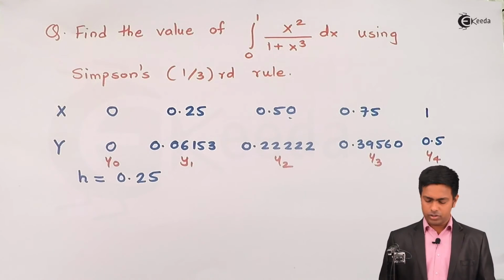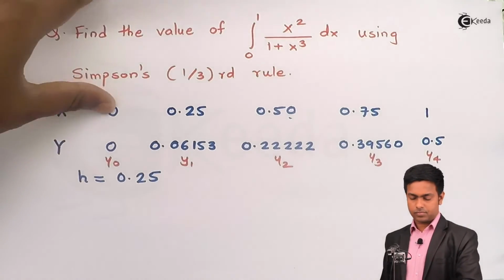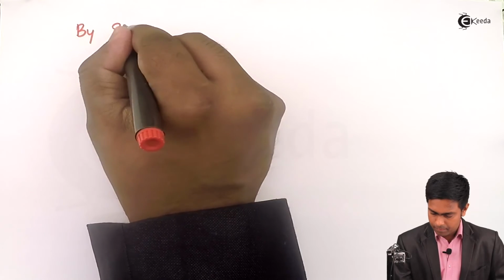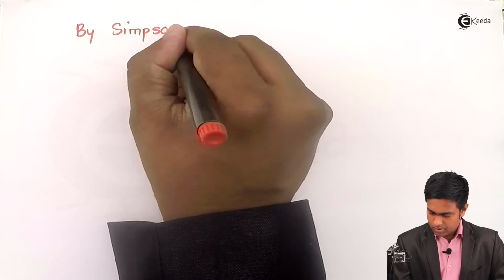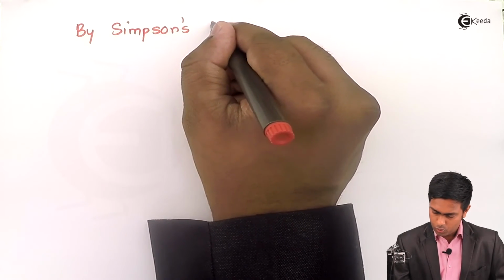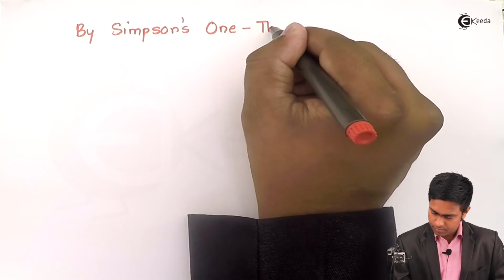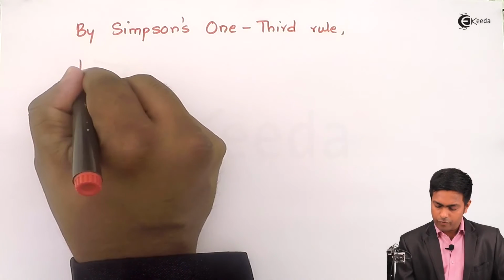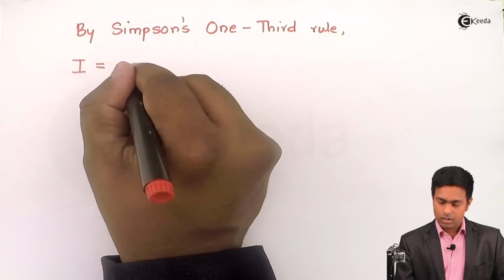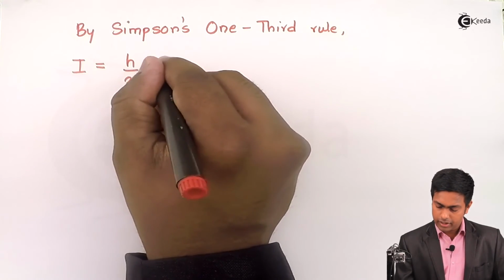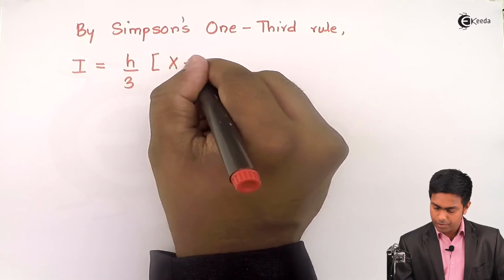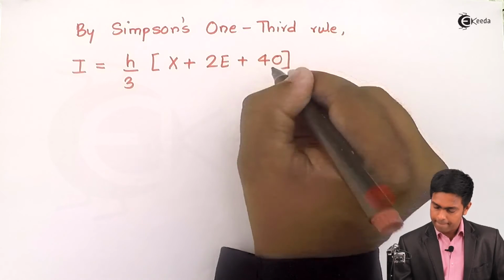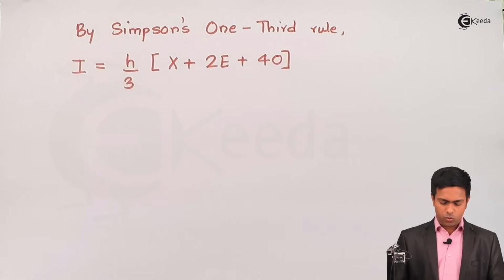So what is Simpson's 1/3 rule? By Simpson's 1/3 rule, we'll get the value of the integral I as h upon 3 into X plus 2 times E plus 4 times O. This is the formula of Simpson's 1/3 rule.